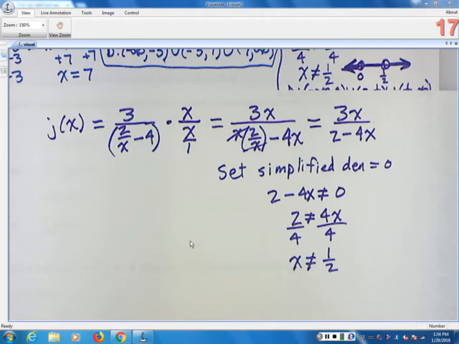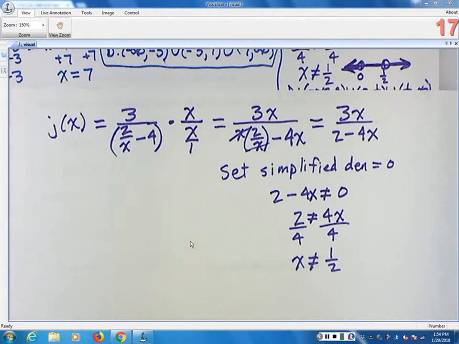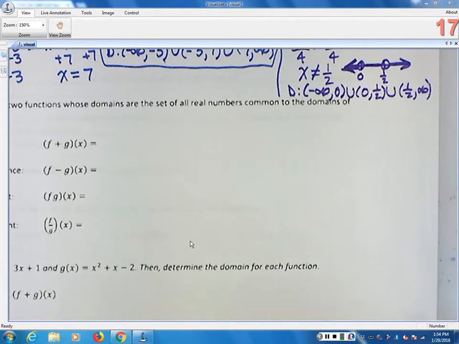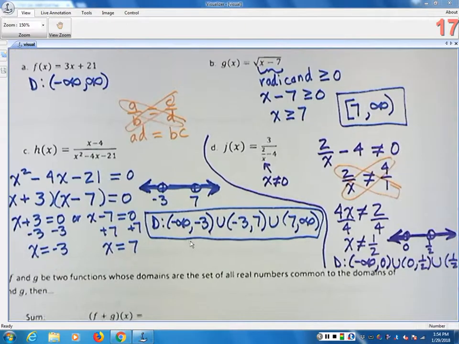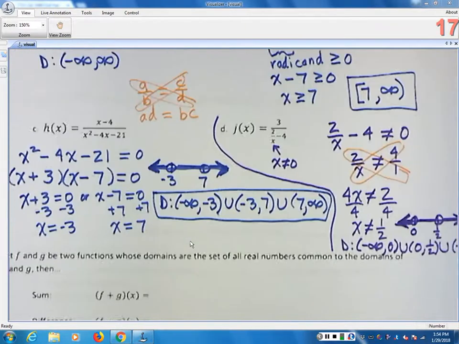Any questions about that? Does anybody want to see the common denominator way? No, you guys get it. Okay. You don't have to be shy. All right, so after I've lectured on this part, you can do the domain worksheet at home.